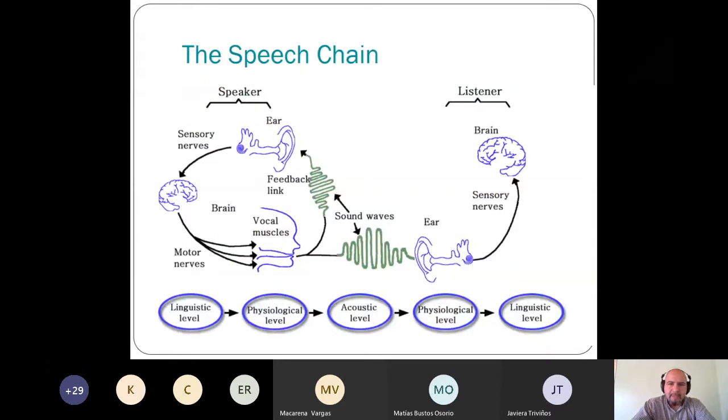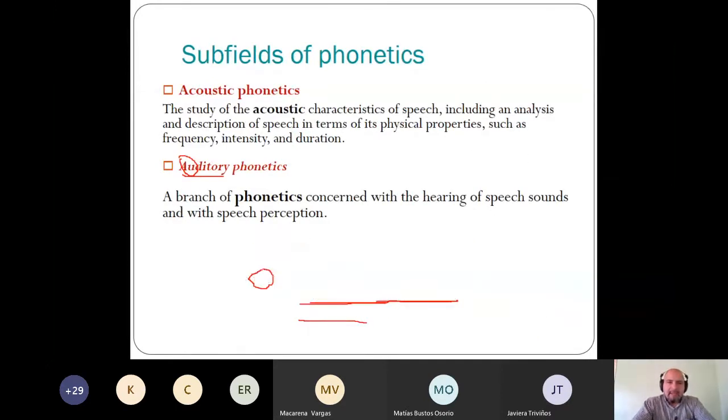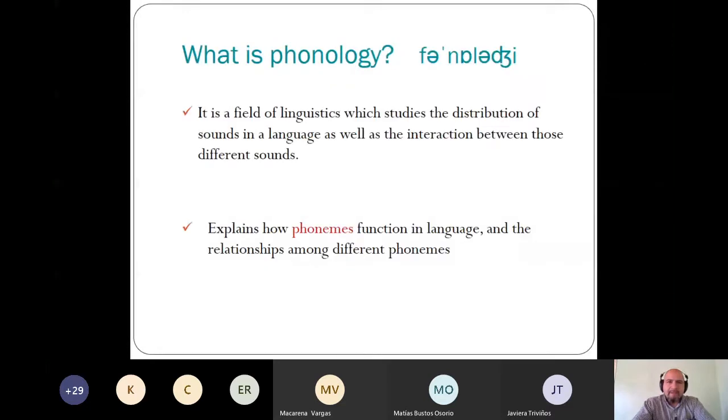So that's for phonetics. And for phonology, we were discussing that phonology is a field of linguistics that also has to do with sounds.